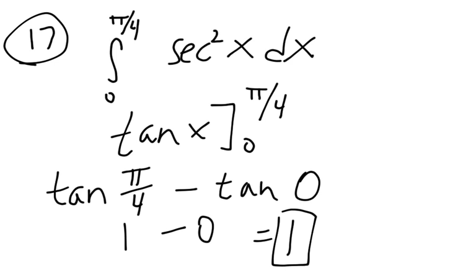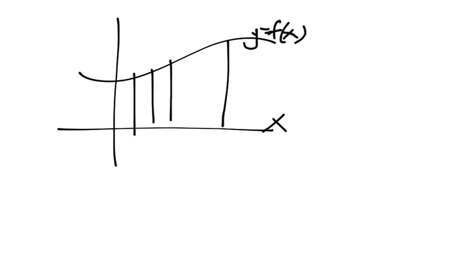Alright, our last example is one in which we're dealing with the units of the definite integral. When you are finding the area between a curve and the x-axis, you can kind of think of it as finding the areas of these rectangles summed up like we did with our Riemann sums.